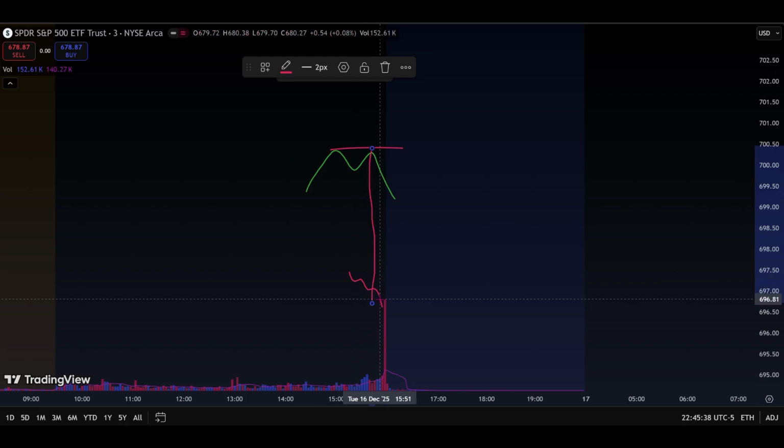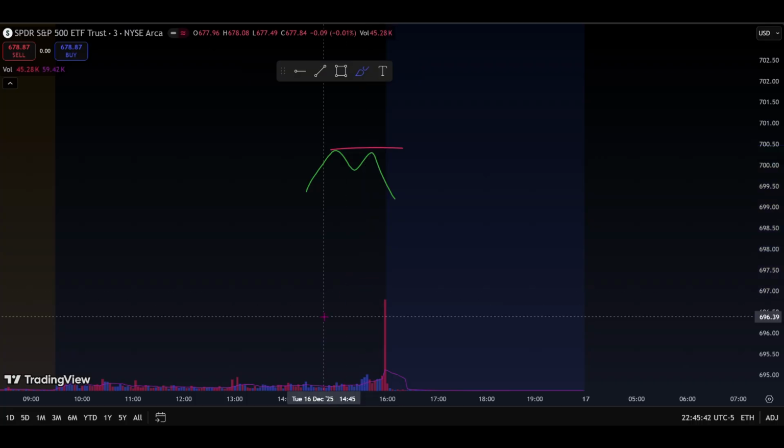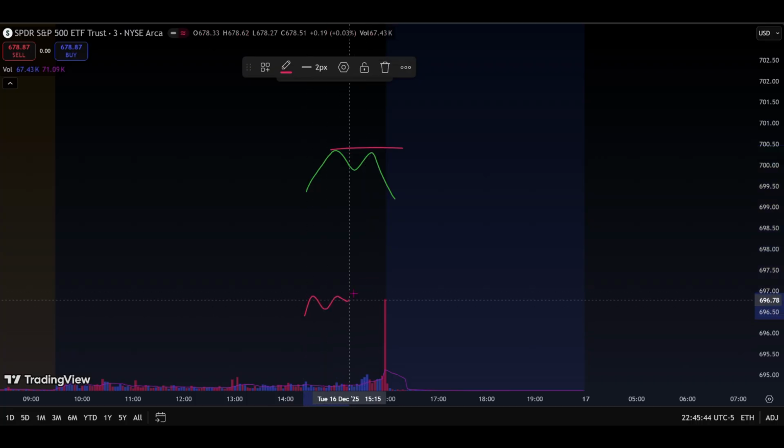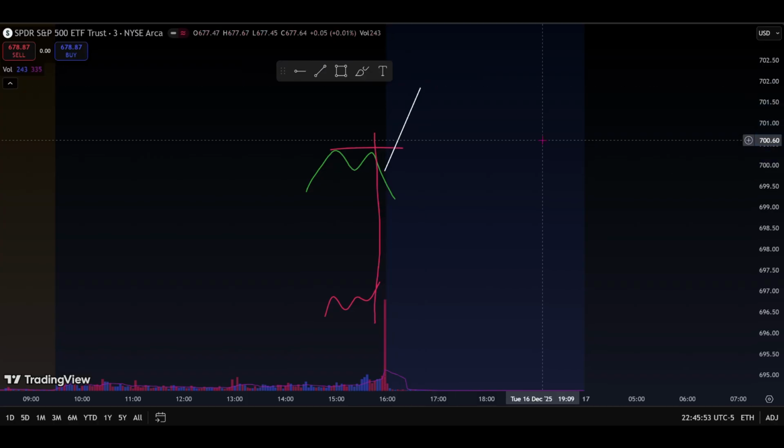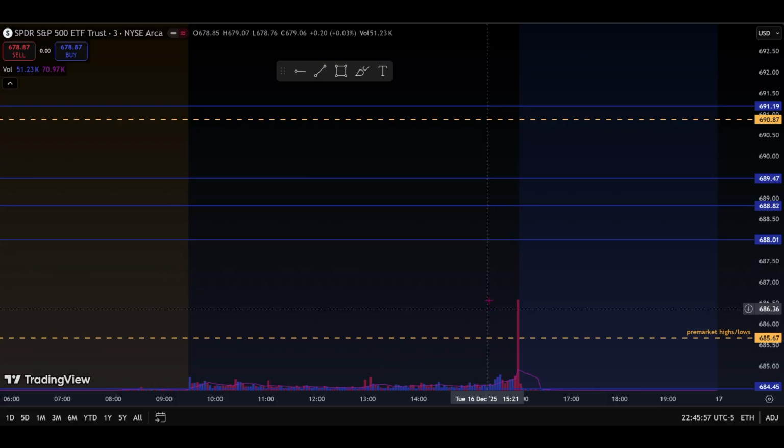So volume decreasing means there's higher probability that we would reject. If volume is increasing as we get to this level, then the probability is that we would want to break to the upside. That's literally it. It's simple as that.